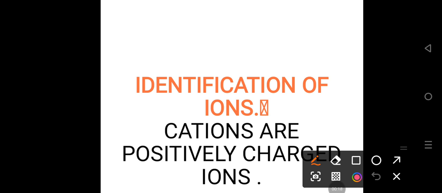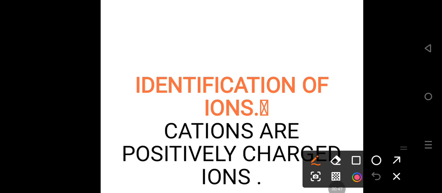Cations and anions make up your practical work, and so they are separated into cations and anions. Number one of WAEC and NECO exams consists of volumetric analysis, whereas number two is identification of ions. That is where cations and anions will come into play.